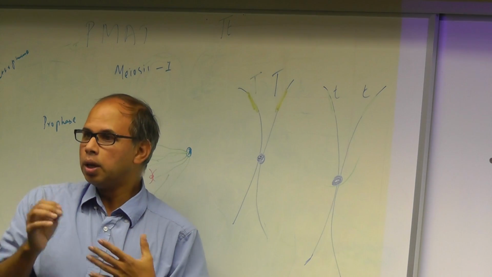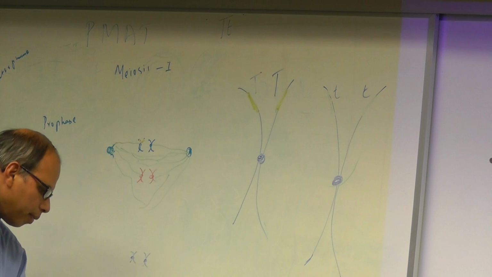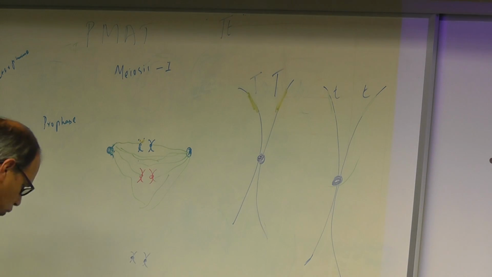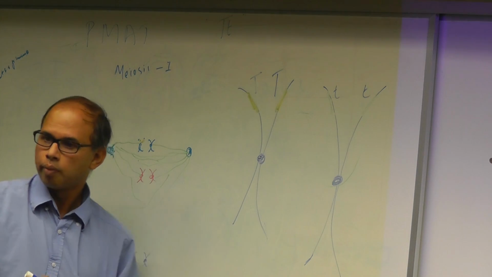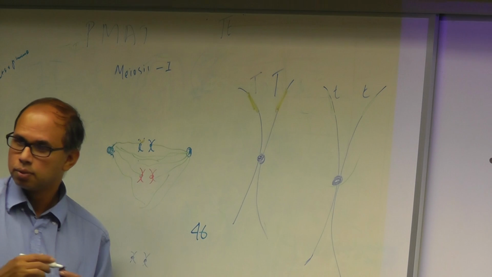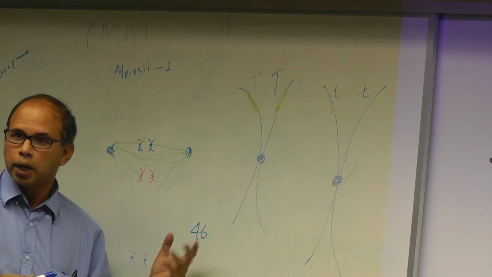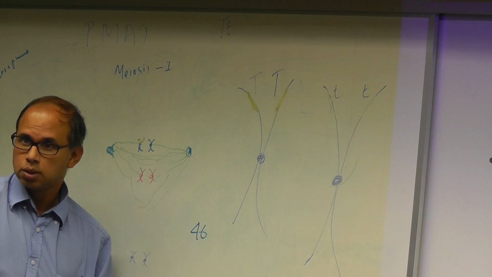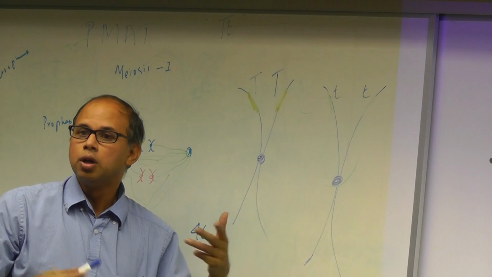Now, just to give you an idea of what this means, say in human beings, there are 46 chromosomes, right? And we are getting 23 on both sides. And each of them can happen in how many ways?